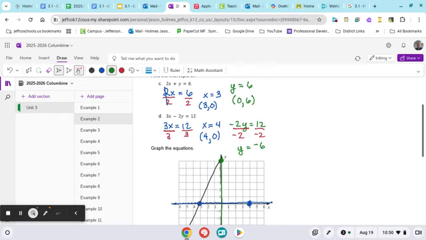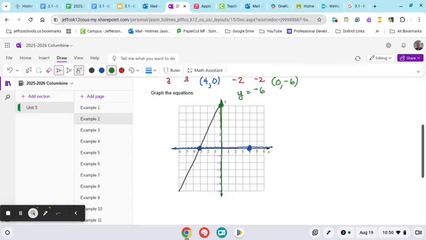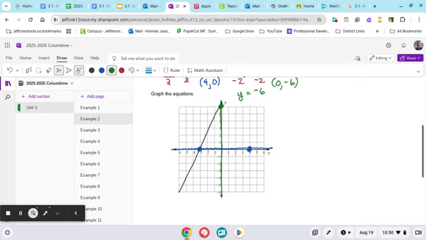And so we let x equal 0, so we'll have (0, -6). And so we're going to come down here and we're going to find (0, -6). It's going to go on there. And again, the lamest game of connect the dots ever. And it looks something like that.